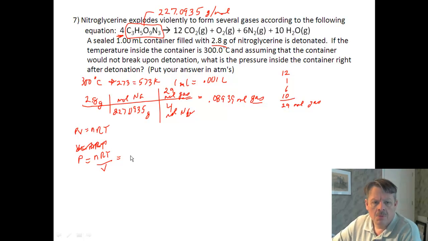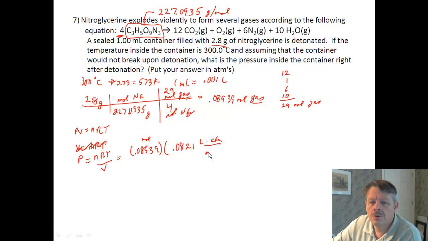So our pressure is going to be the number of moles, which is 0.08939 moles of a gas, times R, which is 0.0821 liters atmospheres per moles Kelvin. And our temperature is going to be 573 Kelvin. Right? And our volume is, we said it is not changing, so it's 0.001 liters.